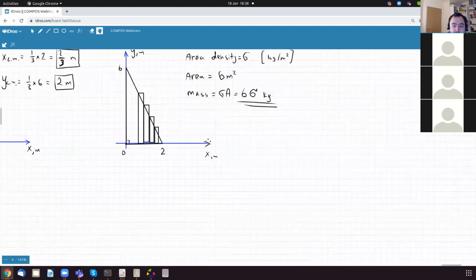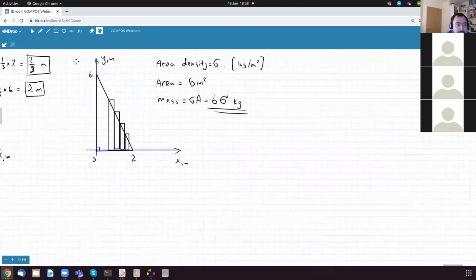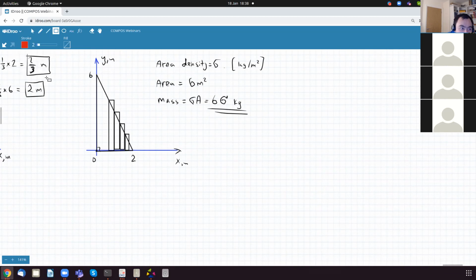Okay, so let's look at one such rectangle. So the width is delta x, the height is y, and the position, the horizontal coordinate, is x.